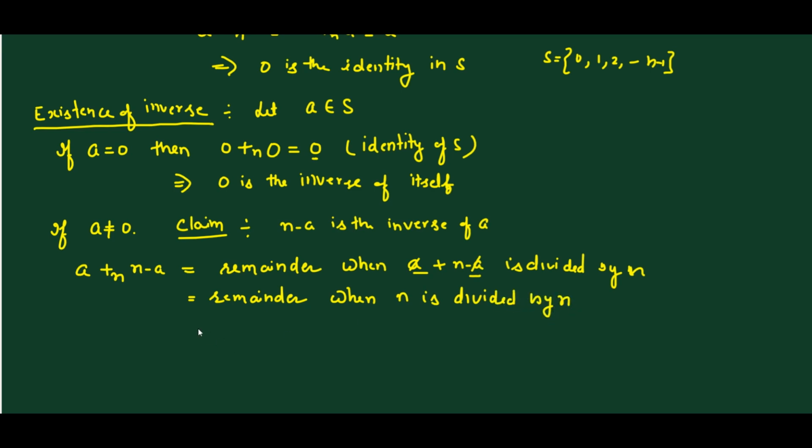And you know that if a number is divided by itself, then what is the remainder? 0.